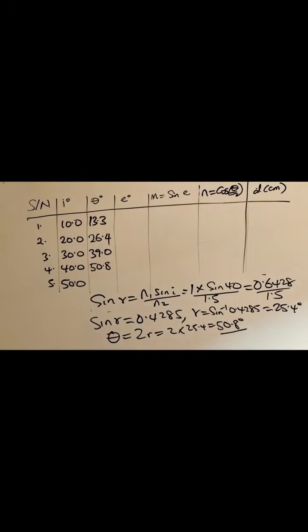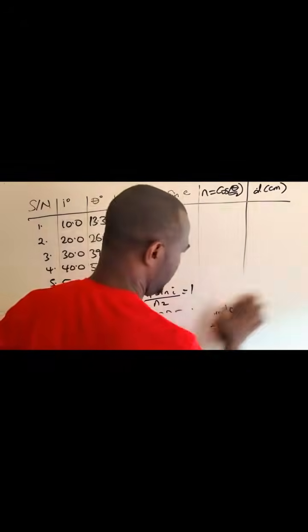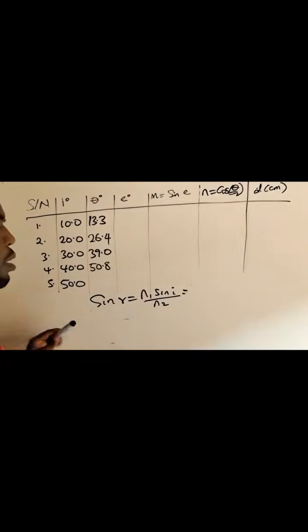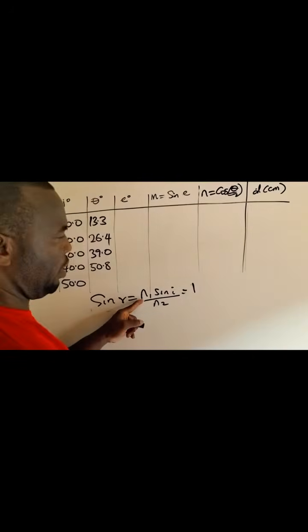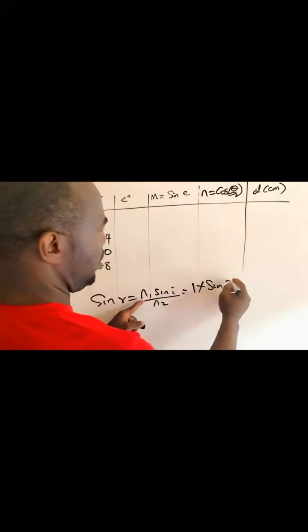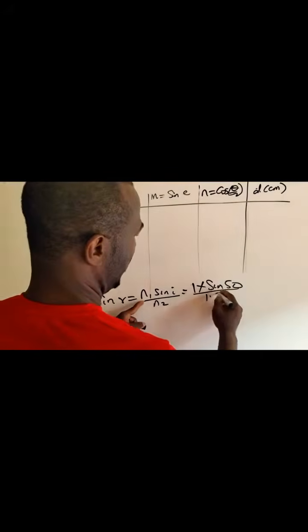So we'll now go to the fifth angle of incidence, where our I is 50 degrees. We replace N1, which is 1, the index of air, times sine 50 over 1.5.